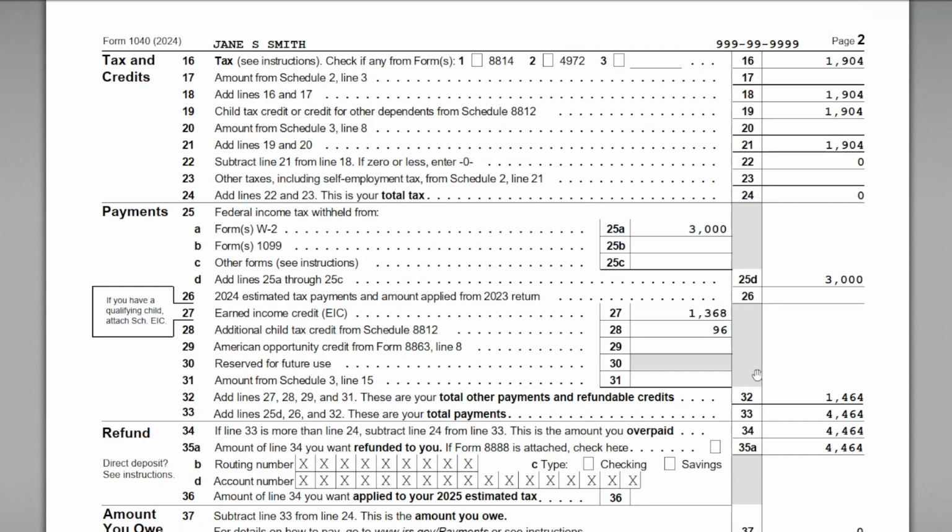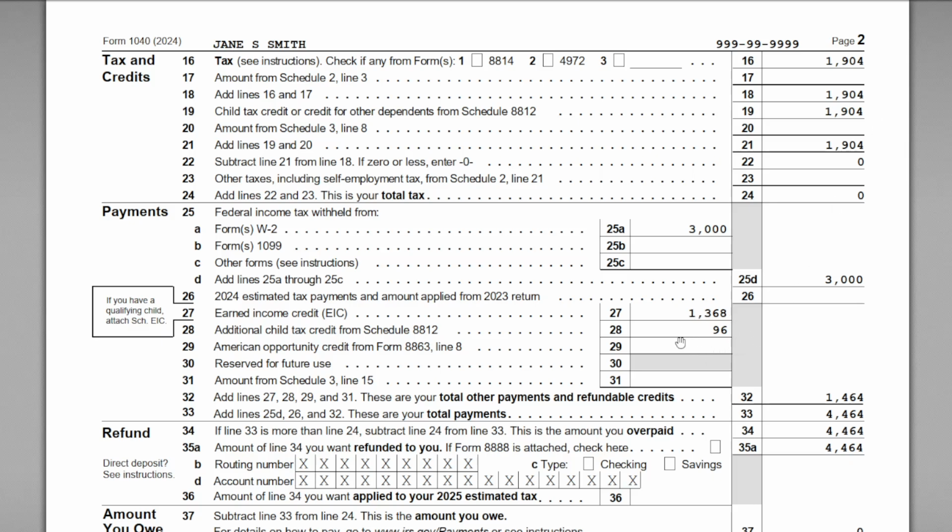So in Jane's case here, what we can see is that she did get the full $2,000 child tax credit at the end of the day, right? It's just a difference in where it was reported and what's the character. So we can see she had $1,904 of the credit reported up here, right, as the non-refundable child tax credit.